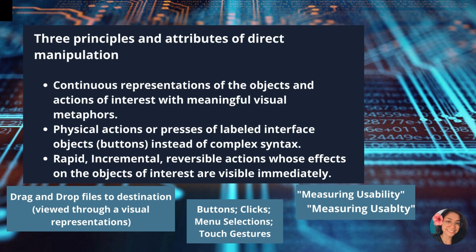There are three principles and attributes of direct manipulation. The first one is the continuous representation of the objects and actions of interest with meaningful visual metaphors. In this case, users are able to view visual representations of the things with which they will engage. They can observe the repercussions of their actions on the system status as soon as they take them.